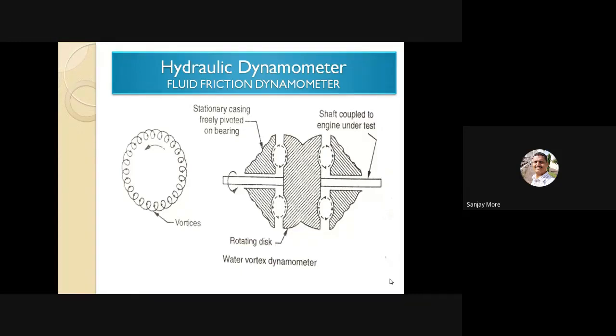I request all of you to draw this diagram within 5 minutes under the heading hydraulic dynamometer or fluid friction dynamometer.